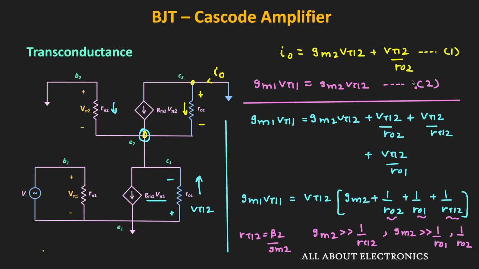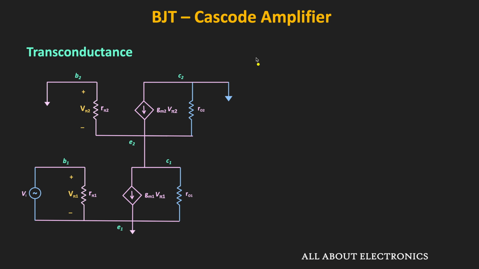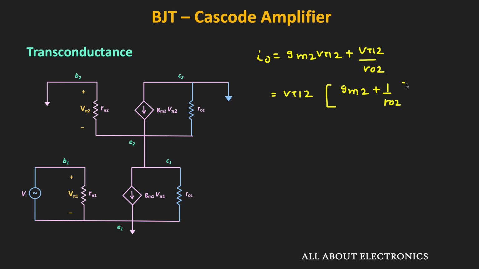Now using equations 1 and 2, let us find the ratio I0 divided by Vin. We know that I0 is equal to Gm2 times Vpi2 plus Vpi2 divided by R02. Let's take Vpi2 common. Then we can write it as Gm2 plus 1 divided by R02.